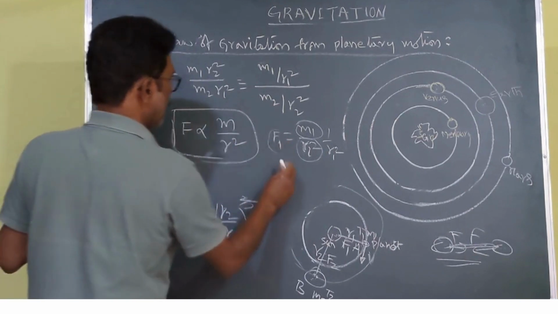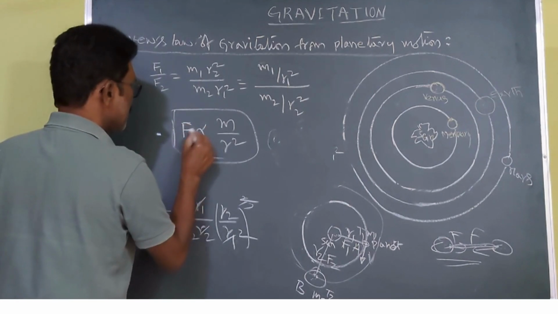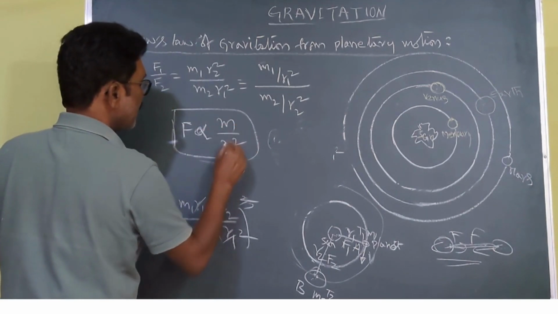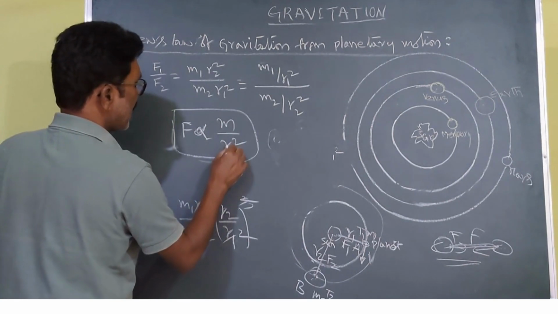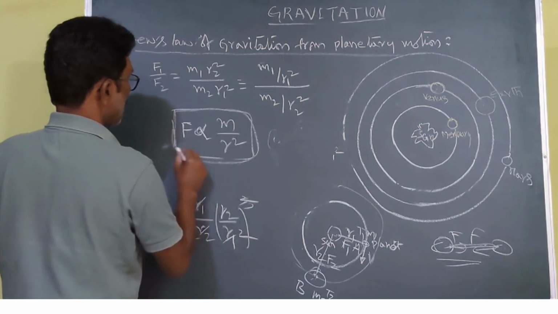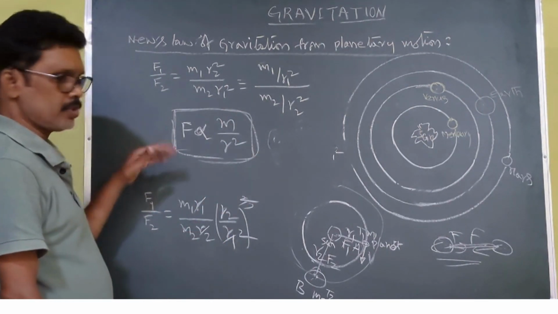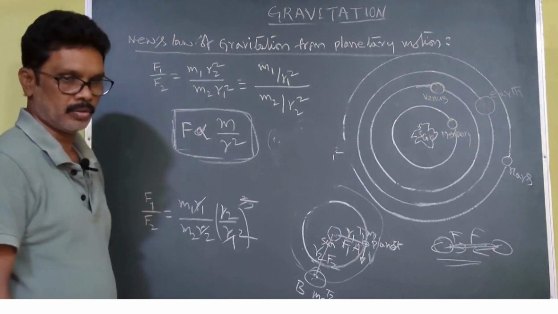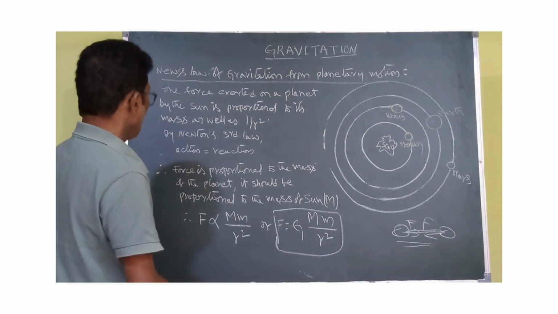Therefore, I would like to write this equation: F is proportional to the mass of that planet divided by r square. So this is what I have to arrive at: F is directly proportional to m divided by r square, which was already proposed by Newton.